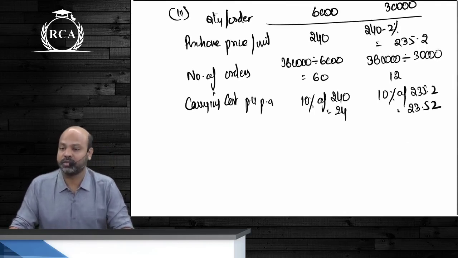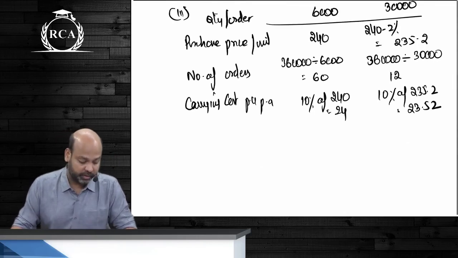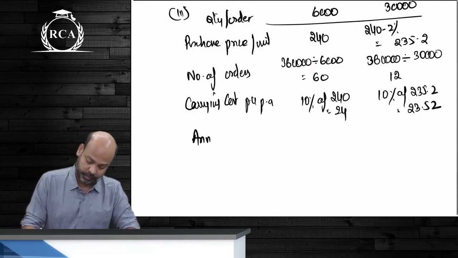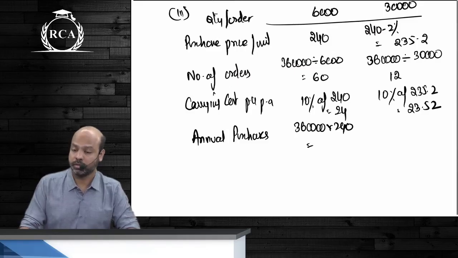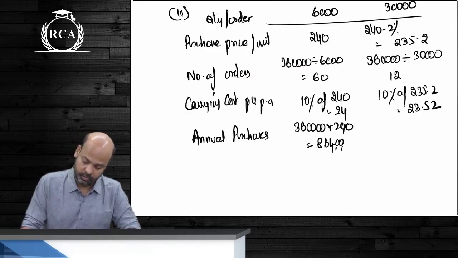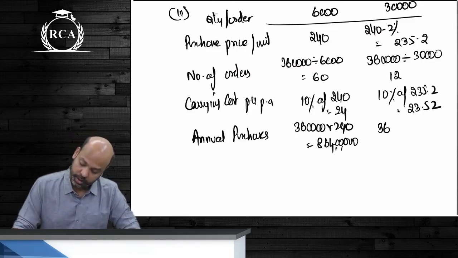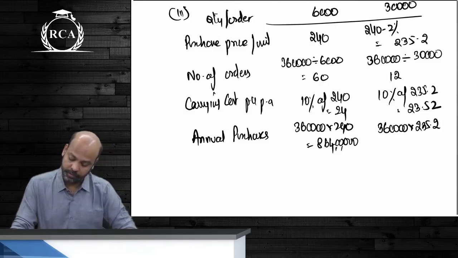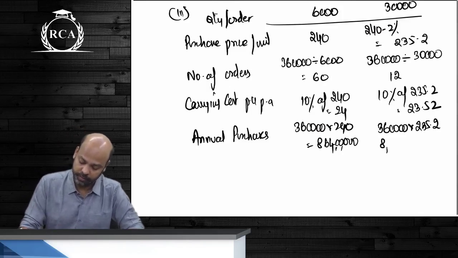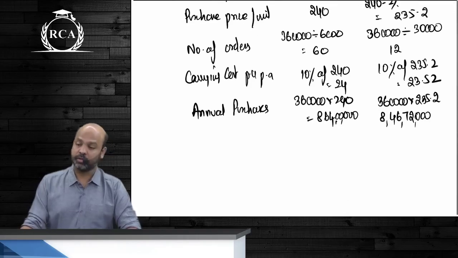Write annual purchases, write total ordering cost, write total carrying cost, guys. 3,60,000 into 240, 8 crores 60. 3,60,000 units multiplied by 235.2, guys, 8 crores 70. This will be annual purchases.